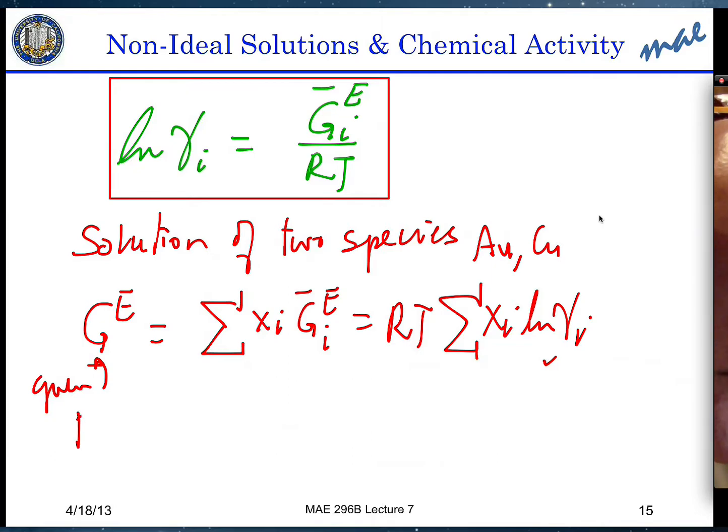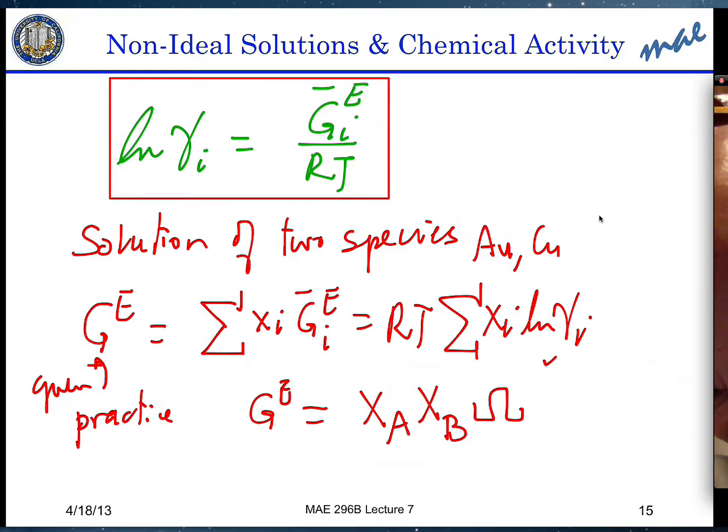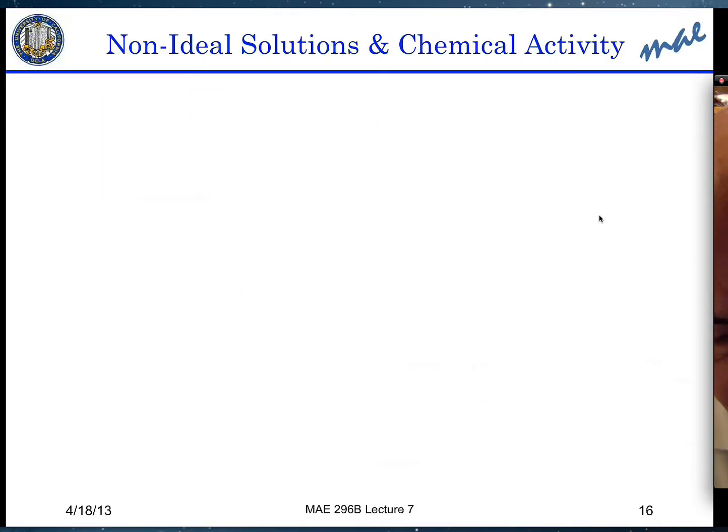However, in practice, the G excess is given as some polynomial of the products. For example, if we have A and B, then we have x_A times x_B times a function of A and B, and this function is called the interaction function, which is generally written as a polynomial.